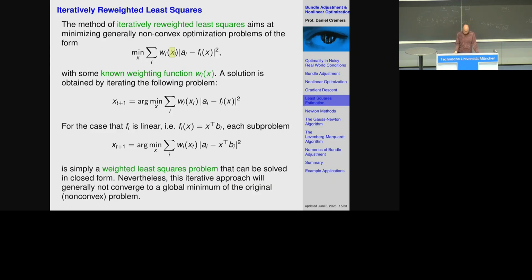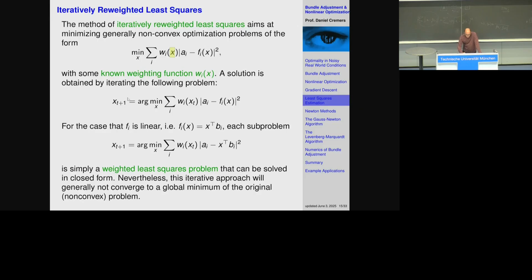And then you keep the weights fixed and then update the weights accordingly. So first estimate the solution in x, then update the weights, and then re-estimate the solution. That's why it's called iteratively reweighted least squares. So this is one example problem that you can tackle with iteratively reweighted least squares.